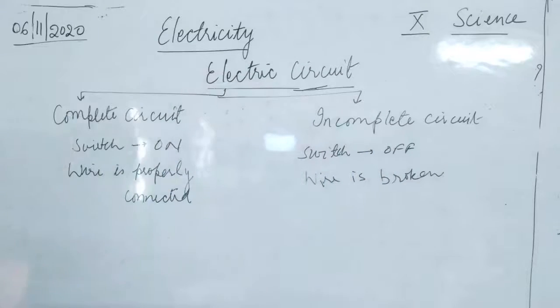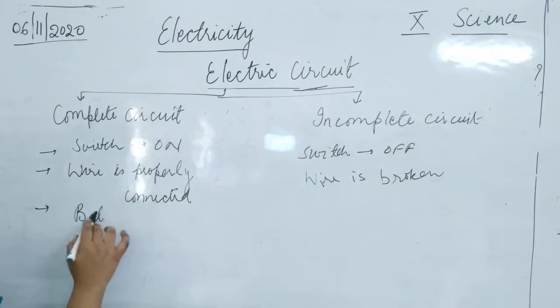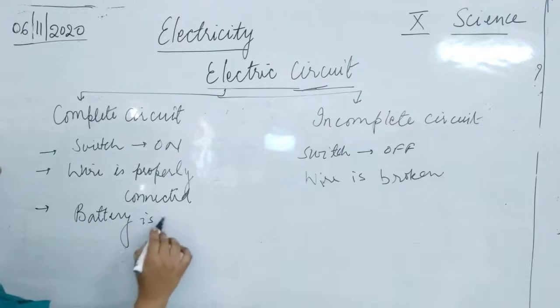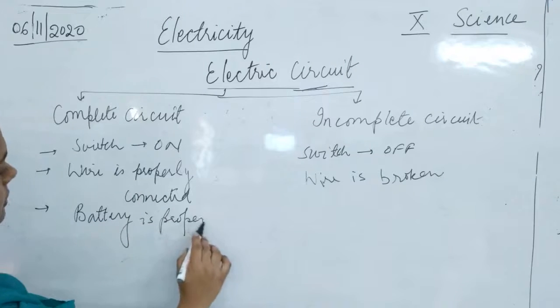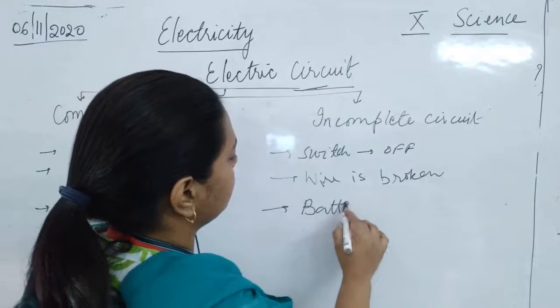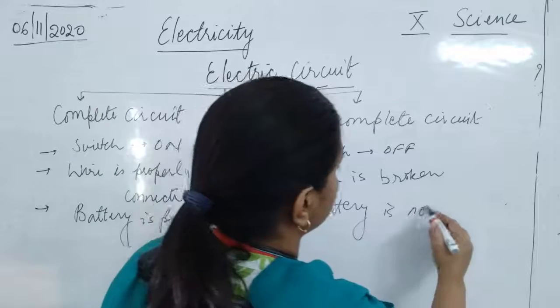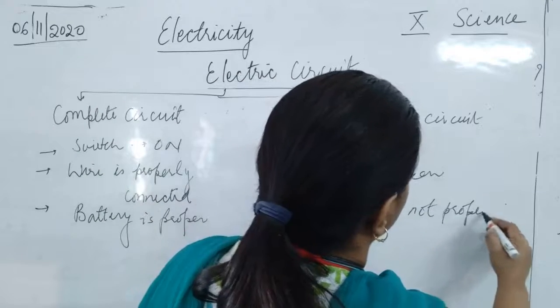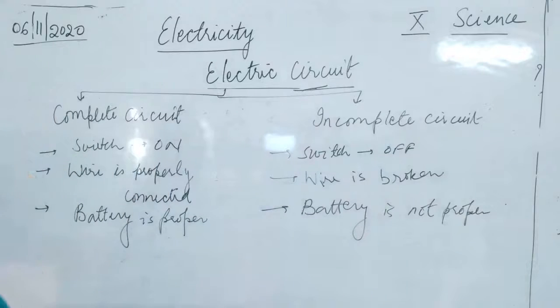Now there could be some more differences. Then what about the battery or a cell? Battery is proper. Okay, here what happens? Battery is not proper. It could be discharged, or it is not able to develop the potential difference. Okay, then wire is broken, switch is off condition, or next condition में क्या होगा?